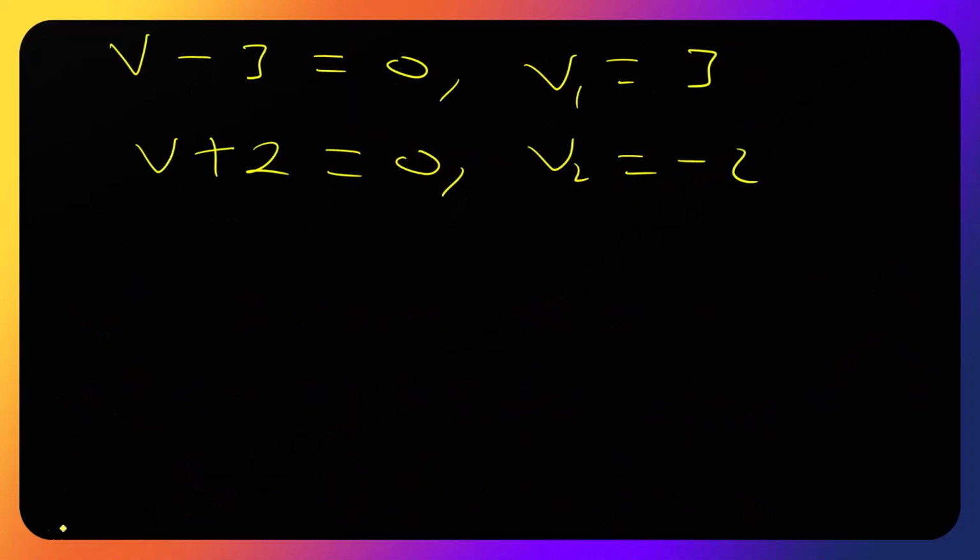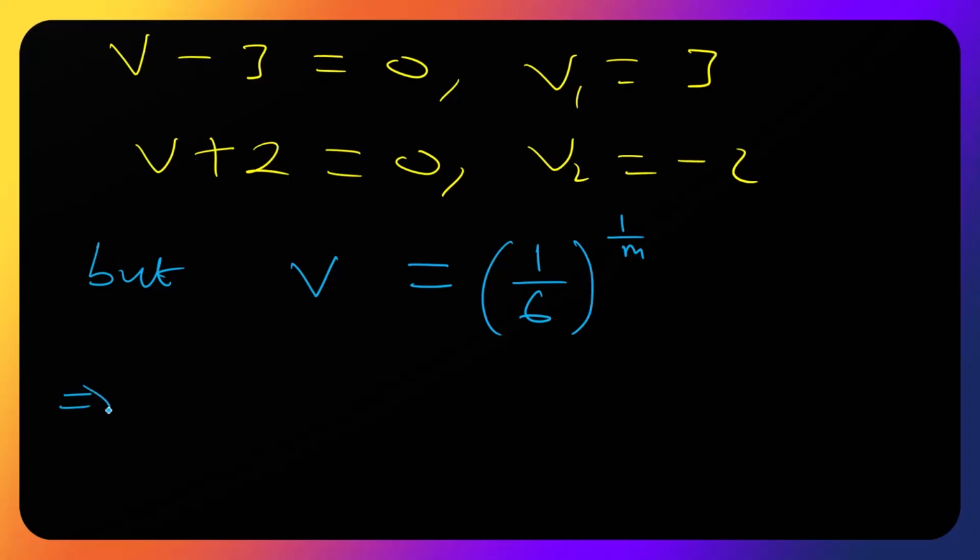v, but v is 6 raised to 1 on m. So to find m, we have to bring this part down by taking log on both sides. So that would be log v equals log of 6 raised to 1 on m.